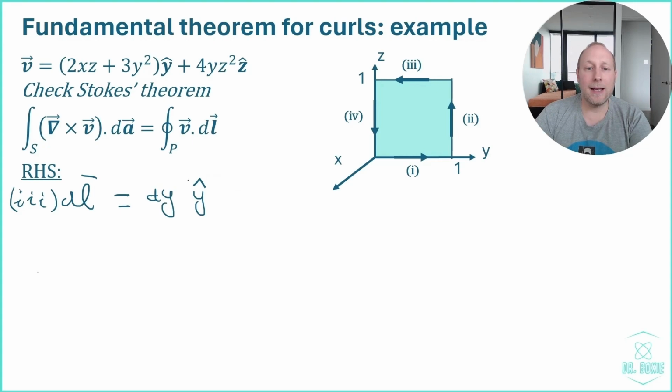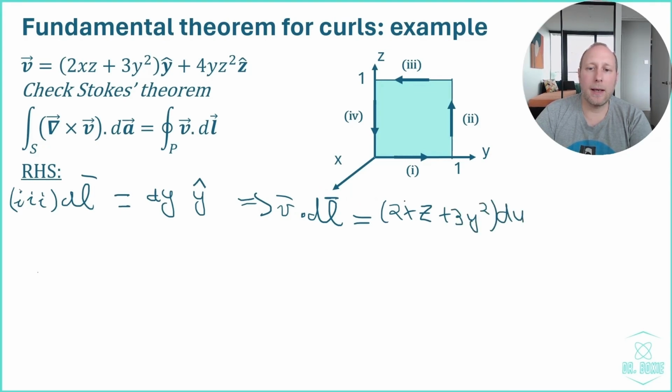So in this case, dl is dy y hat, and therefore v dot dl is 2xz plus 3y squared dy, where once again we can just plug in 0 for x and we're left with 3y squared dy.